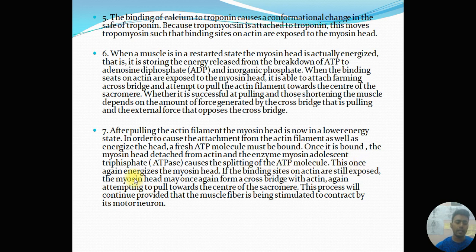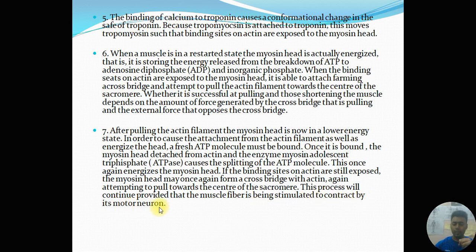This once again energizes the myosin head. If the binding sites on the actin are still exposed, the myosin heads once again form a cross bridge with the actin, again attempting to pull towards the center of the sarcomere. This process will continue providing that the muscle fiber is being stimulated and contracted by the motor neuron.